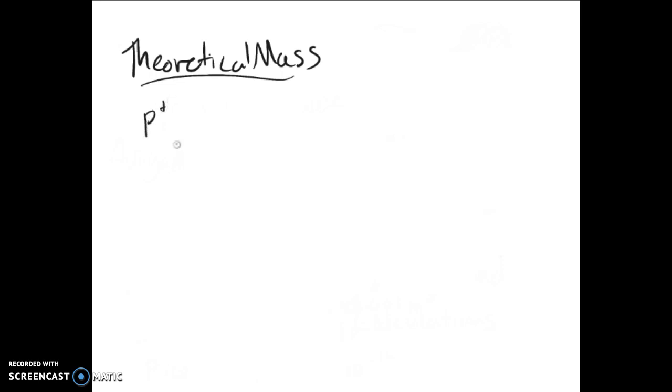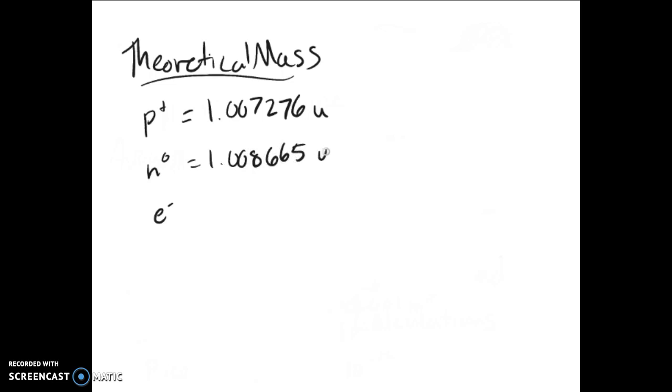Theoretical masses are as follows for protons, neutrons, and electrons. As you can see, protons and neutrons are very close in their theoretical mass, while an electron is much, much less.